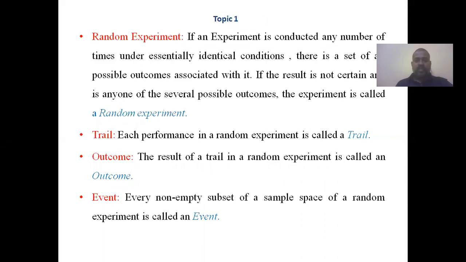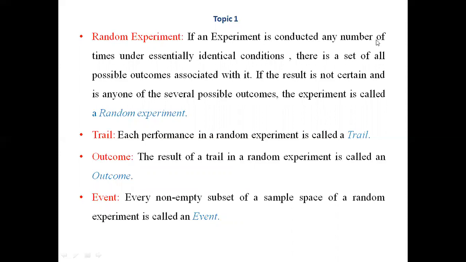So the first definition, random experiment. If an experiment is conducted any number of times under essentially identical conditions, there is a set of all possible outcomes associated with it. If the result is not certain and any one of the several possible outcomes can occur, then the experiment is called a random experiment.